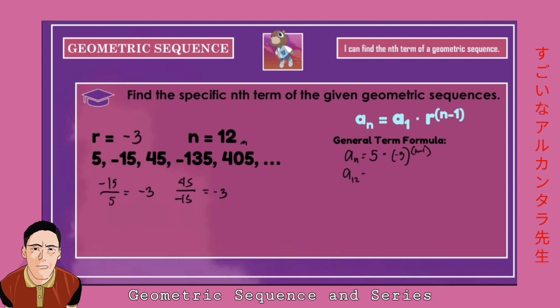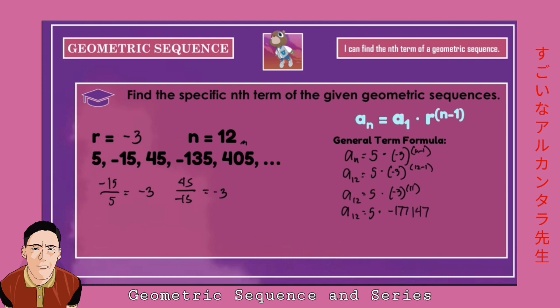So let's have a sub 12 is equal to 5 times negative 3 raised to 12 minus 1. Now we will have a sub 12 is equal to 5 times negative 3 raised to 11. So what's the answer if you raise negative 3 to 11? Negative 3 raised to 11 is negative 177,147.